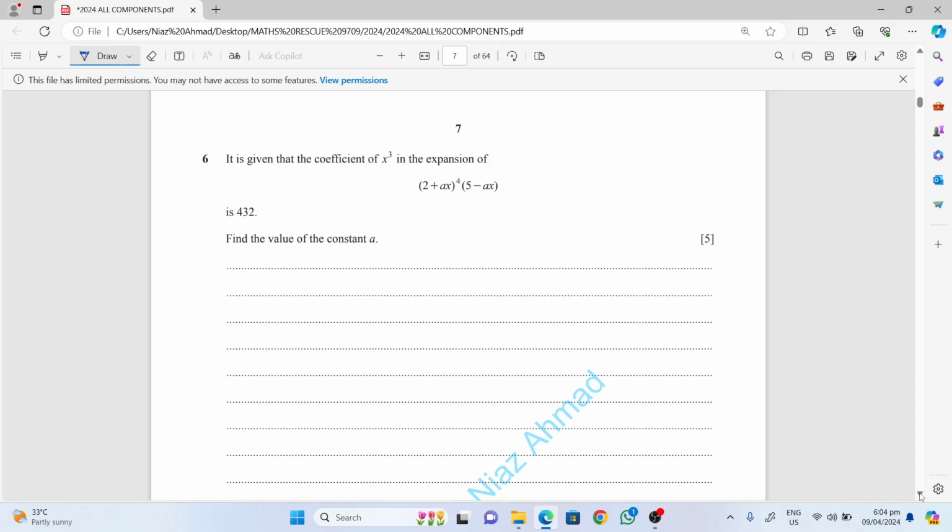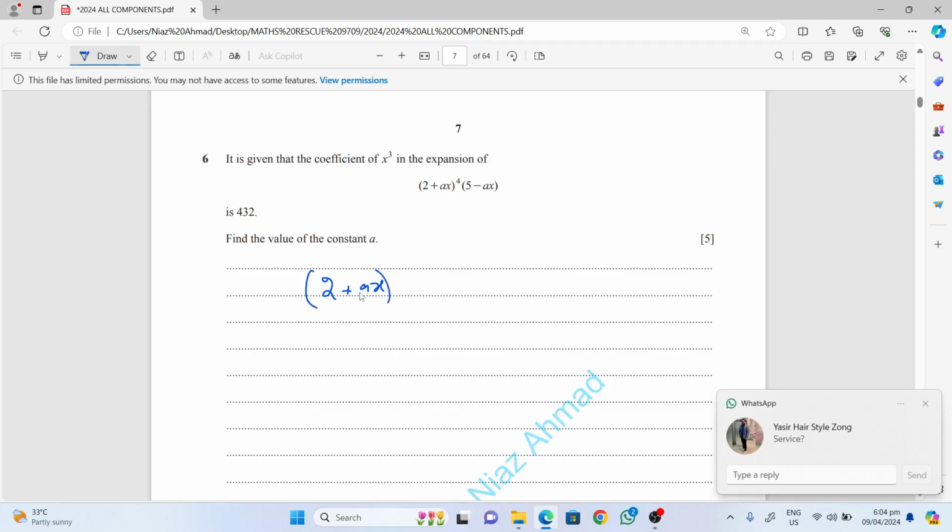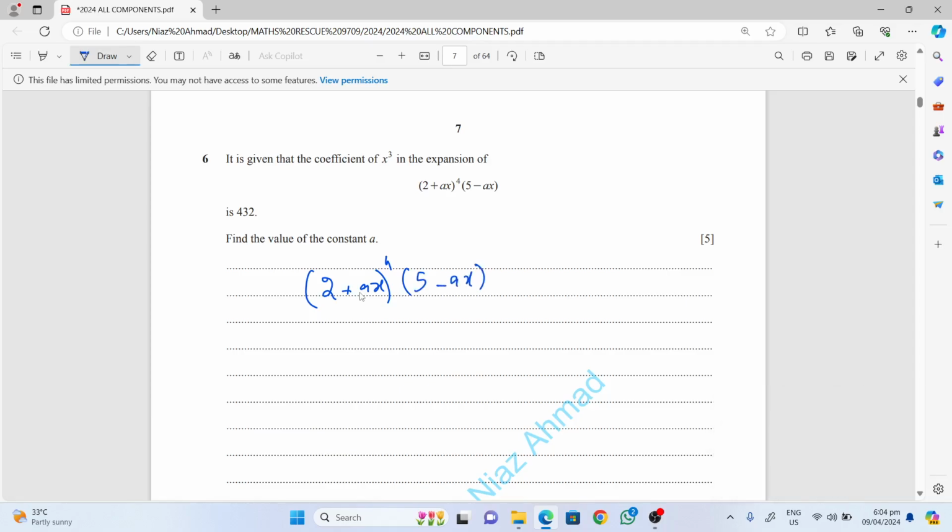If you want to expand this, that is (2 plus ax) whole power 4 into (5 minus ax), you can expand 4c1 into 2 raised to the power 3, and b is ax, and 2 raised to the power 4, that is 16.